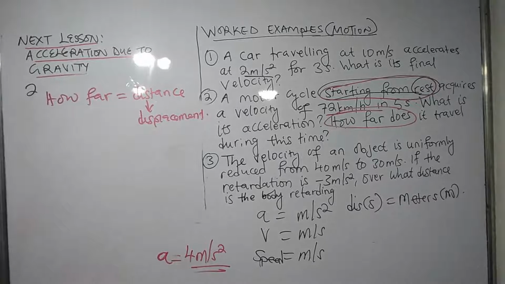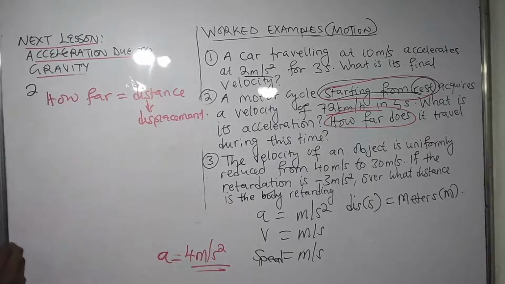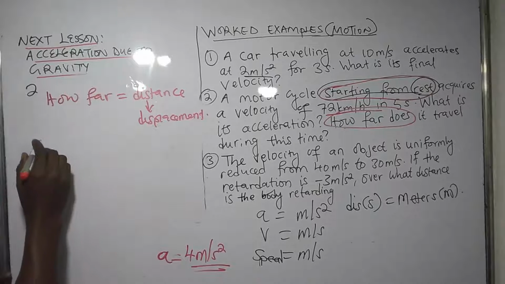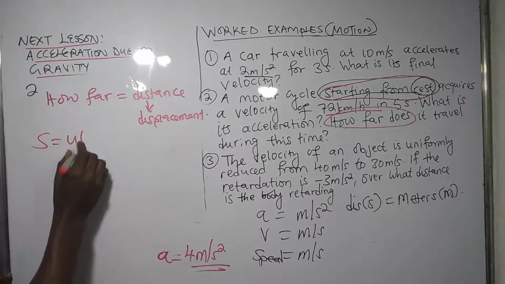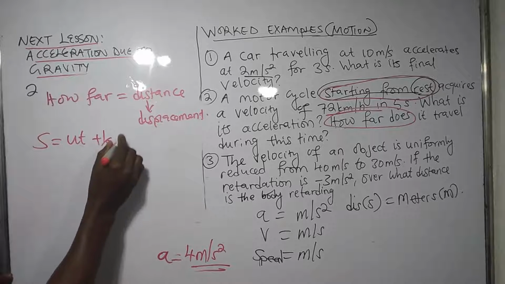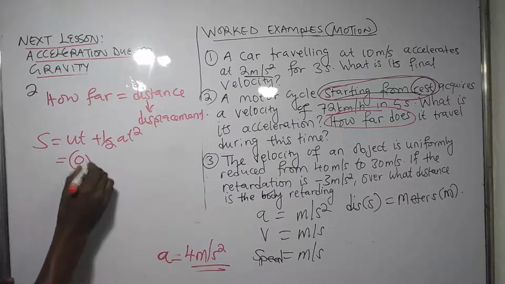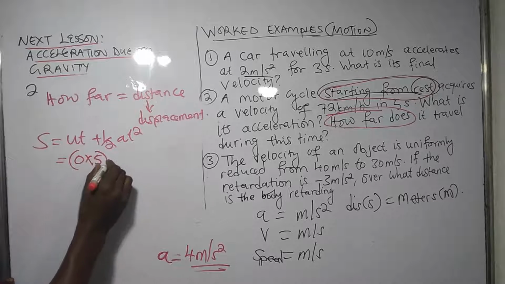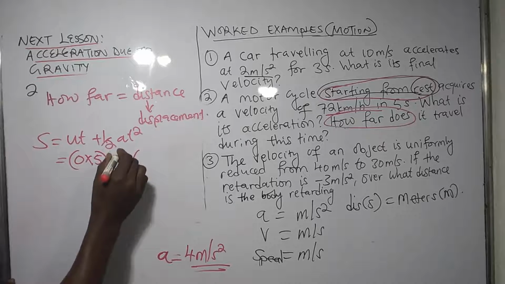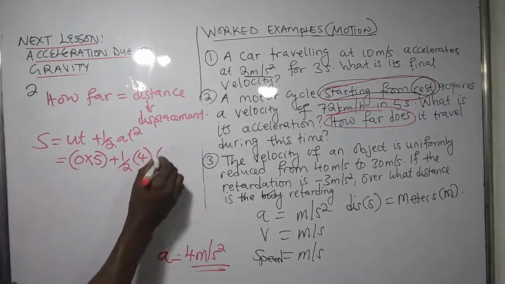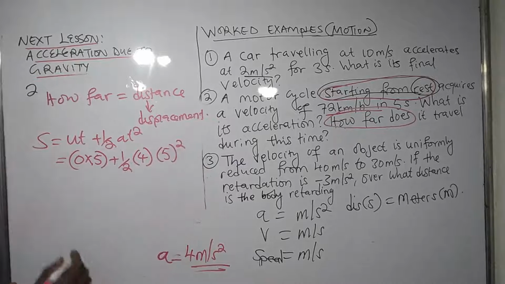I can use the formula: displacement equals ut plus half at squared. Then it is 0 multiplied by 5 plus half, open bracket, 4, and then 5 squared.